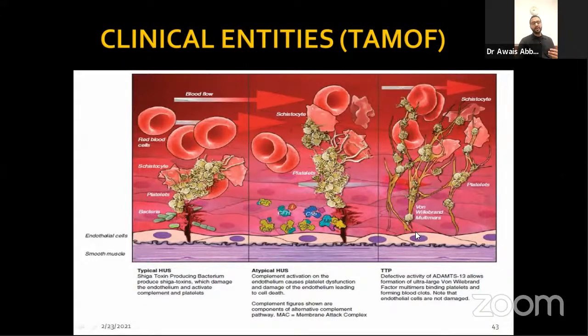That results in non-cleavage of the von Willebrand multimers. These multimers are large in size and are normally cleaved, but because of the deficiency of ADAMTS13, they are not cleaved. So they further recruit platelets and microthrombus formation, which leads us to the development of multi-organ failure.